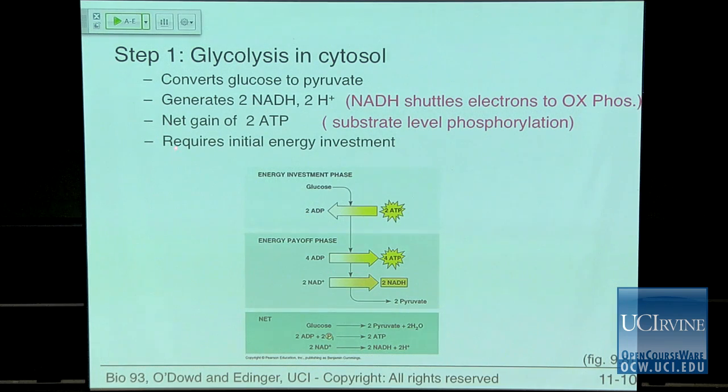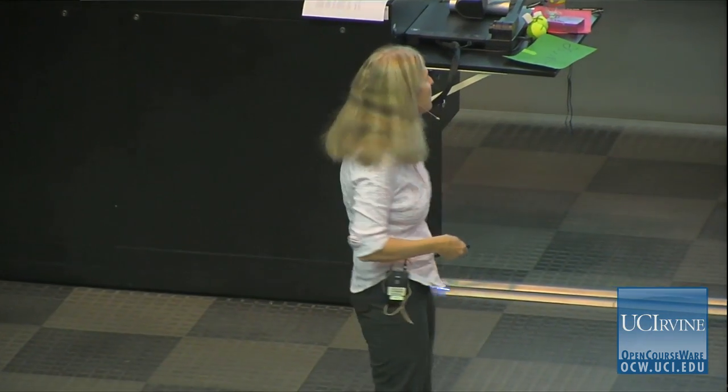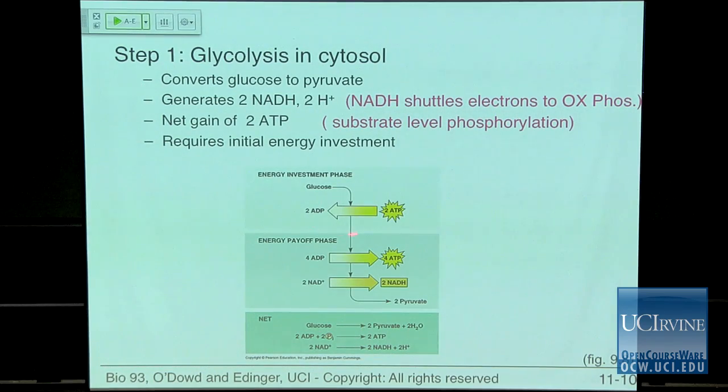And this process requires an initial energy investment. So even though this whole process of cellular respiration is an exergonic reaction, you do, at a number of steps, have to invest energy, a little bit of energy, to get a lot of energy out. Okay, so this is illustrated here, the energy investment phase to actually convert glucose into pyruvate.